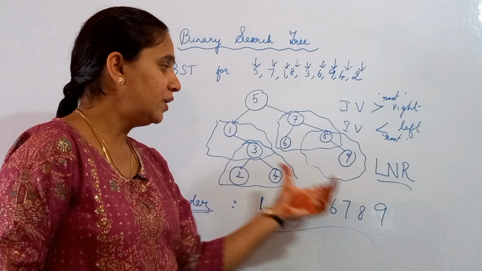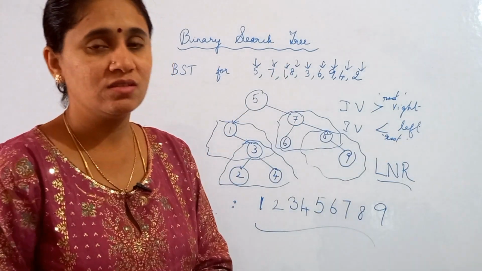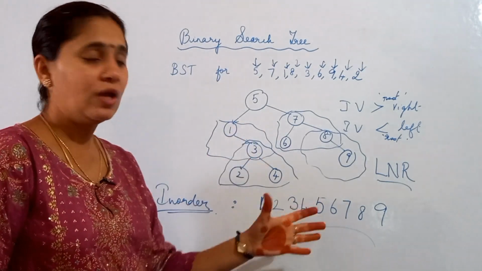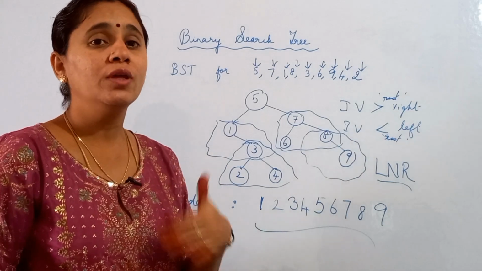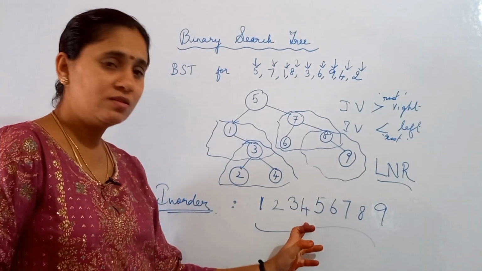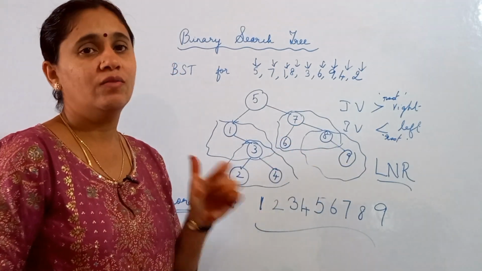After implementing this BST, that is the binary search tree, you can check your answer by using this in-order traversal. If you get the result in ascending order, it means the BST you have constructed is right.